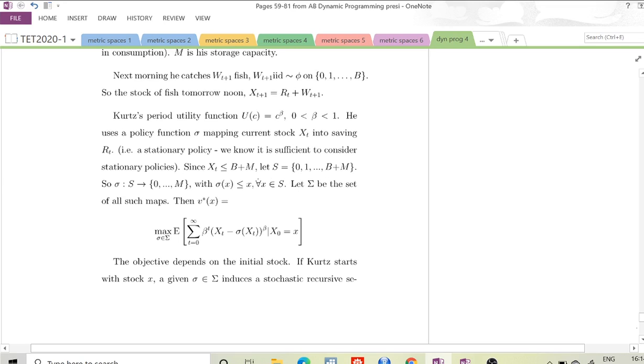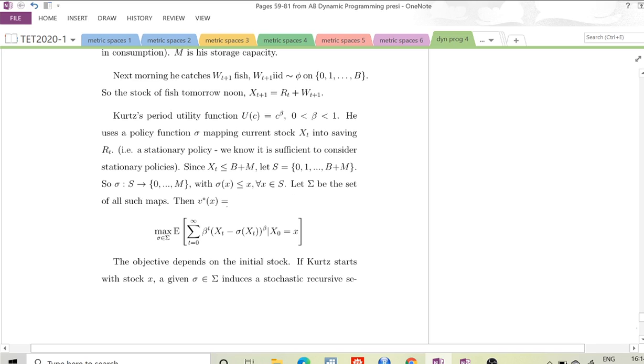And a stationary policy will go from this state space, 0 to B plus M, to how many fish to store, 0 to M. Satisfying feasibility, that is the number that you store, sigma of x, must be less than or equal to the number that you have. And let capital Sigma be the set of all these stationary policies.